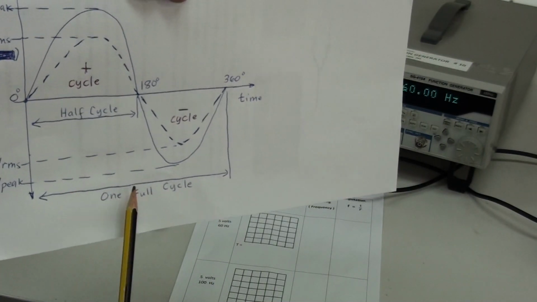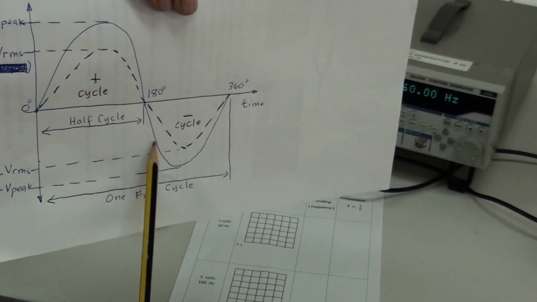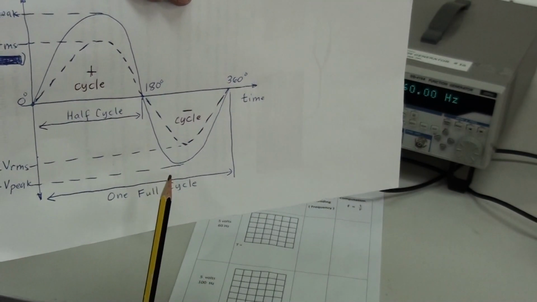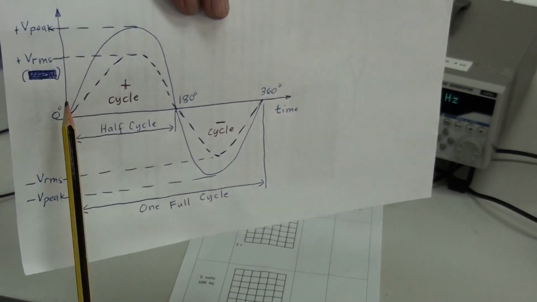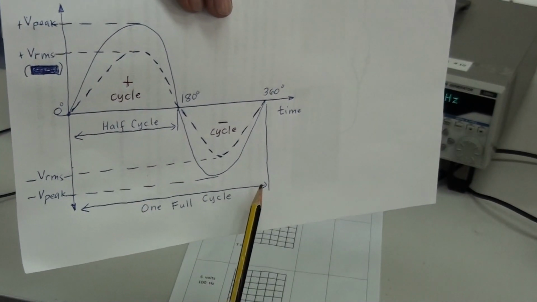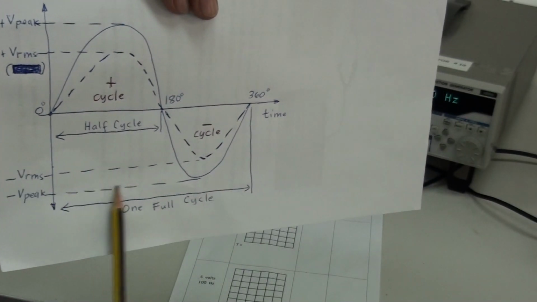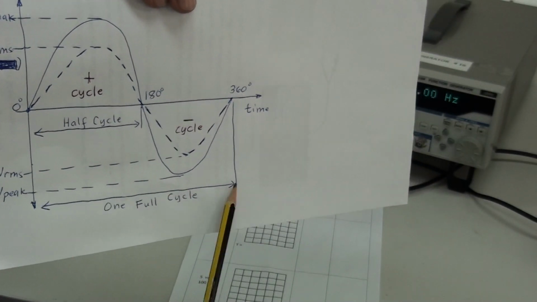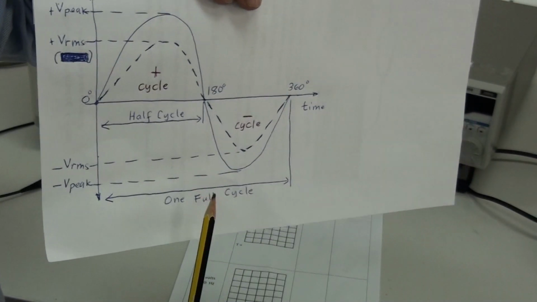Let's say this is 1 second and this is 1 cycle, so that is equal to 1 hertz. Or let's say there are 2 cycles in 1 second, so that is considered as 2 hertz.